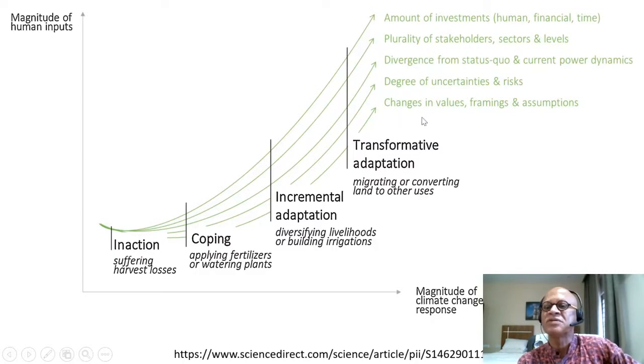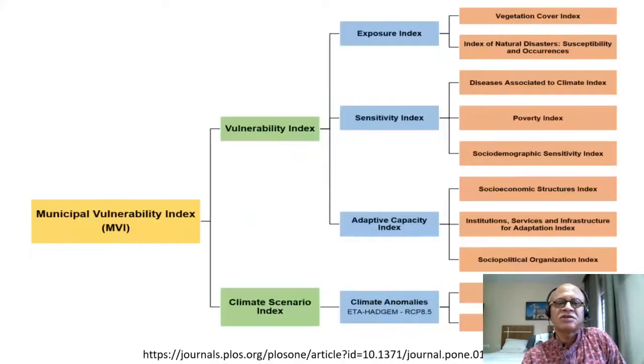Changes in values, framing, and assumptions would be needed. Obviously, you can transform this argument for health impacts as well, and that's the point of how adaptation options have to be considered in the context of climate change impact on health.